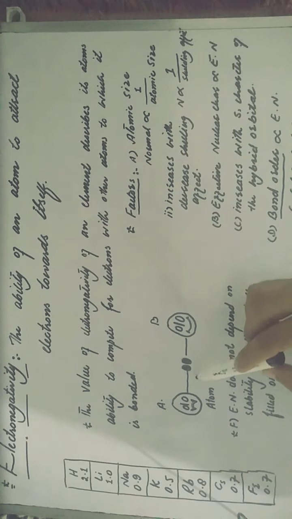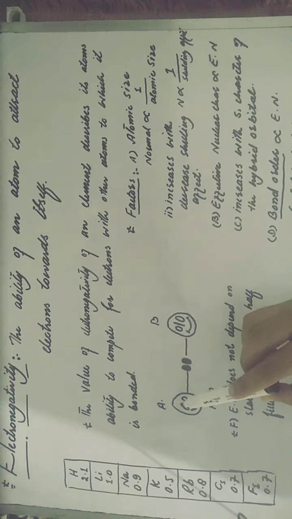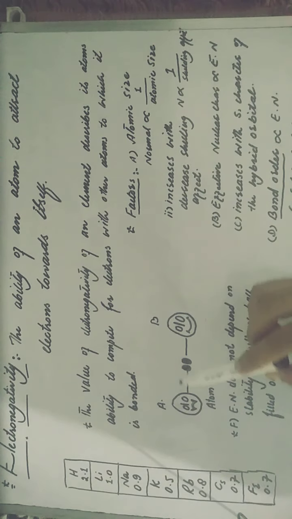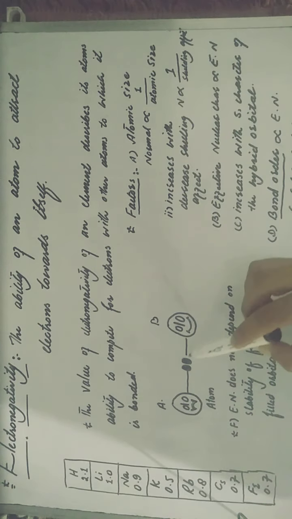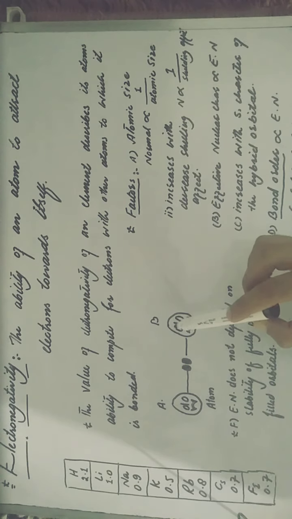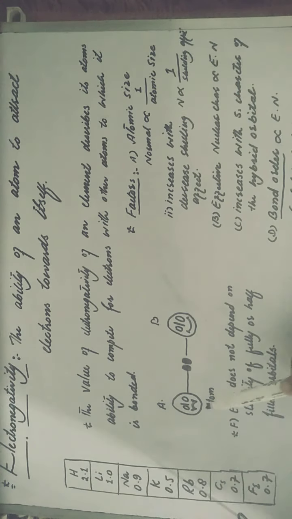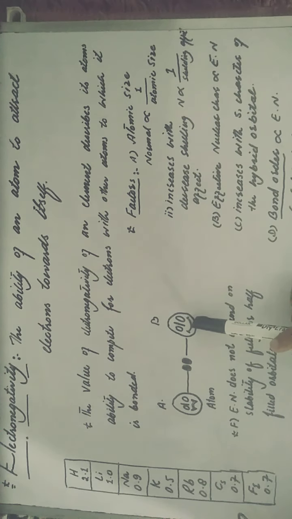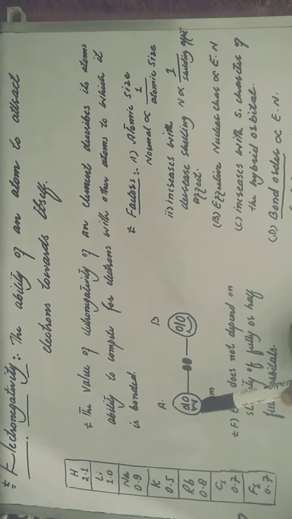As you can see here, atom A is not stronger as compared to atom B. So the electronegativity of atom B is stronger than atom A, and that's why the electrons are much more attracted towards the nucleus of atom B, which tells us that atom B has stronger electronegativity than atom A.